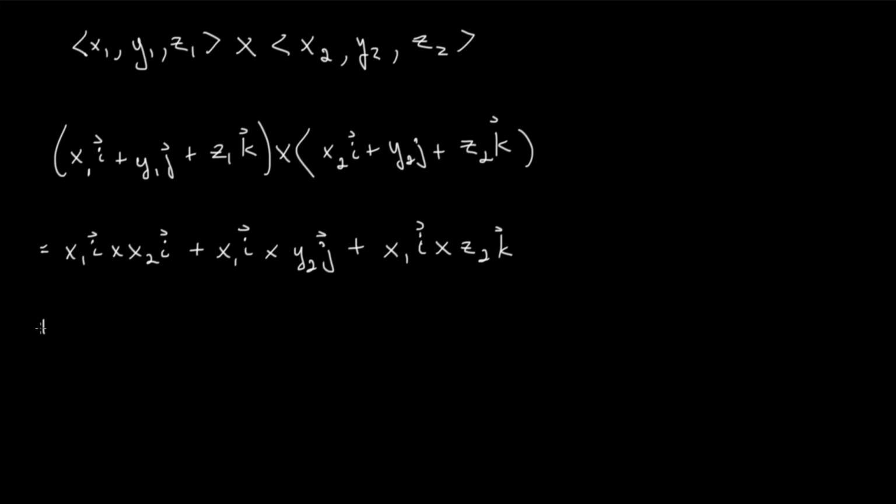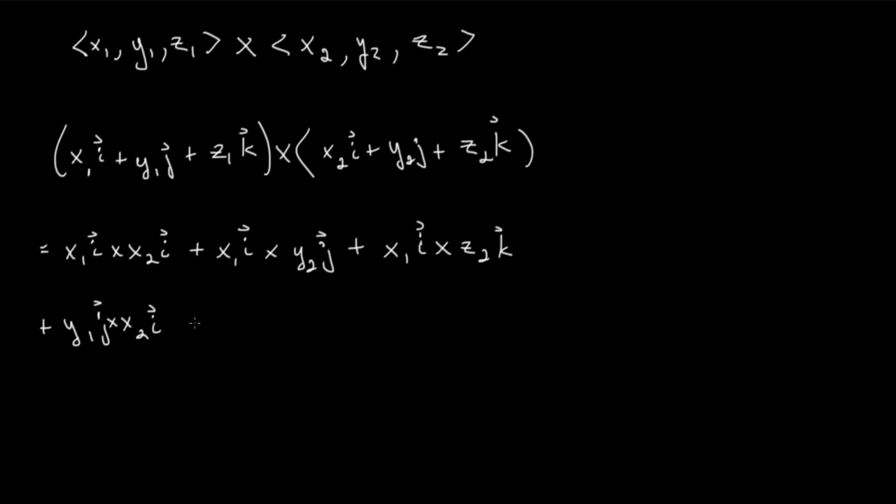I'm going to have plus y1 j crossed with x2 i. I'm being very careful to maintain my order. All right, the one vector is always coming before the two vectors because we already established that these are not commutative. All right, if we start switching the order, we'll get the other vector. It's as if we would have switched the original two vectors.